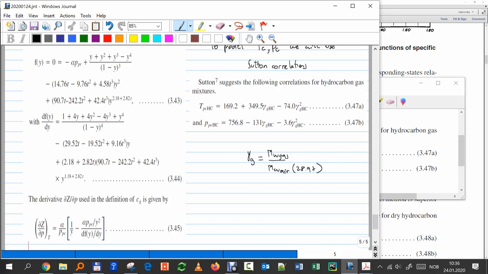And how do I calculate the molecular weight of the gas? It is the sum over all components of the mole fraction of that component times the molecular weight of that component. So if you have a gas made of certain components, you take that whole list and multiply each mole fraction by its molecular weight.